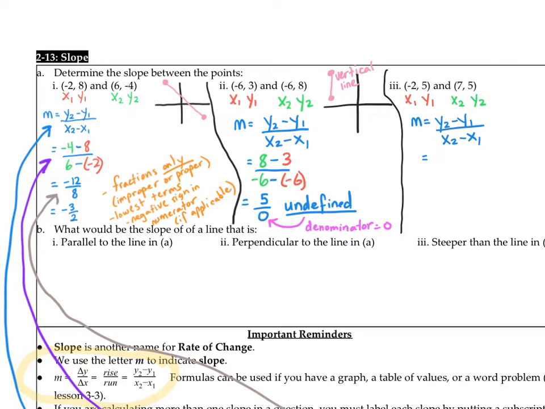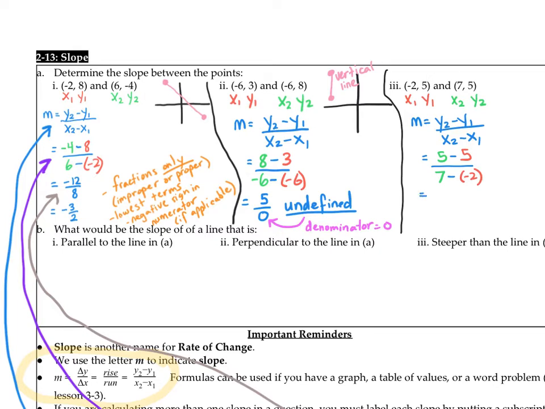And we're going to substitute. The second y is 5. Subtract the first y, which is 5. And on the denominator, the second x is 7. And you're going to subtract the first x, which is negative 2.